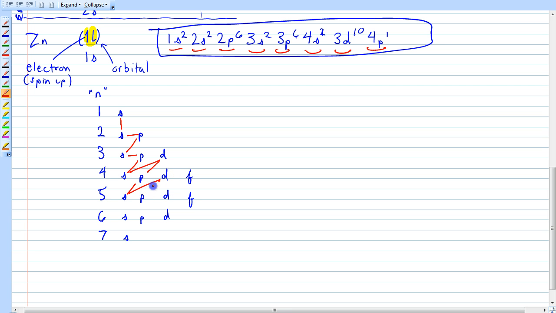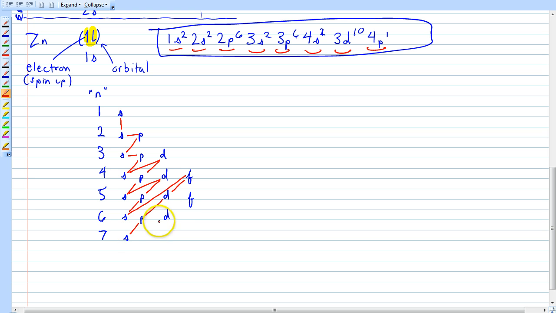After the 4d, 5p, 6s. But after 6s, you don't go to the 5d. Instead, you go up to the 4f, then the 5d, p, and s. So a p always follows a d, and an s always follows a p.